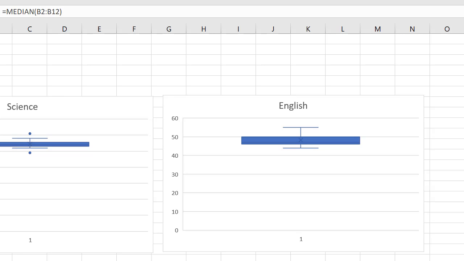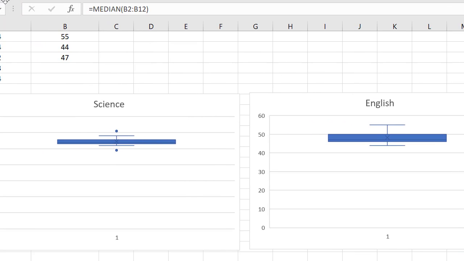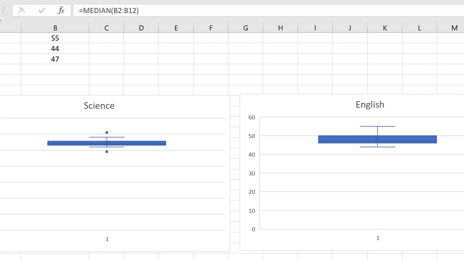The science teachers, you can see it's above 50, and the English teachers, it's right at the extremes here, below 50. So you've got to pay attention to what your numbers are showing you. That's what I was looking for on problem 20.